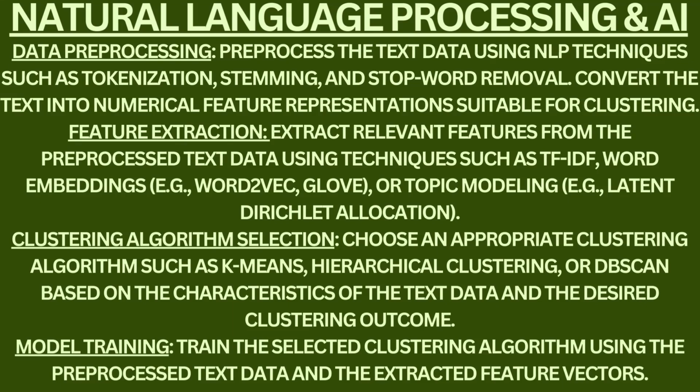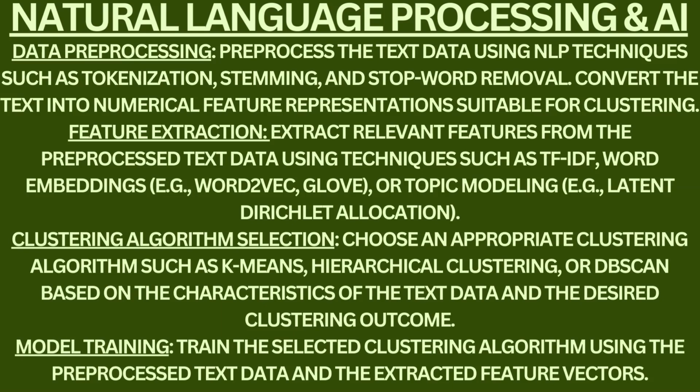Feature extraction. Extract relevant features from the pre-processed text data using techniques such as TF-IDF, word embeddings, that is word2vec or GloVe, or topic modeling, that is latent Dirichlet allocation. Clustering algorithm selection.